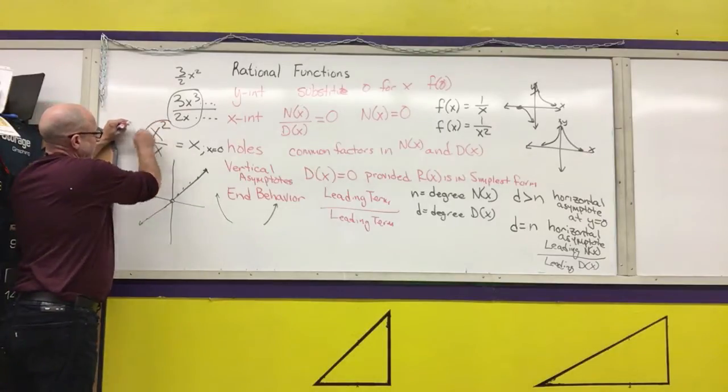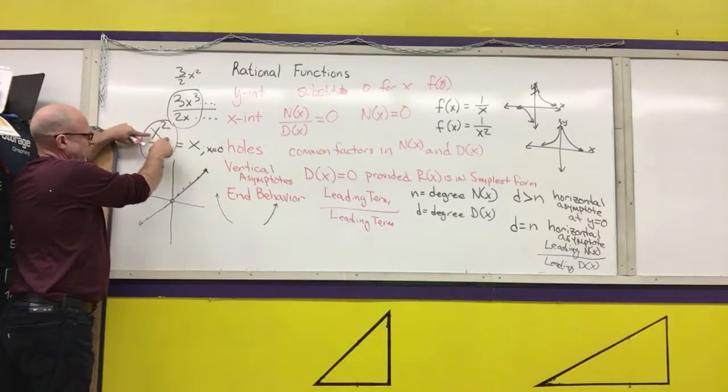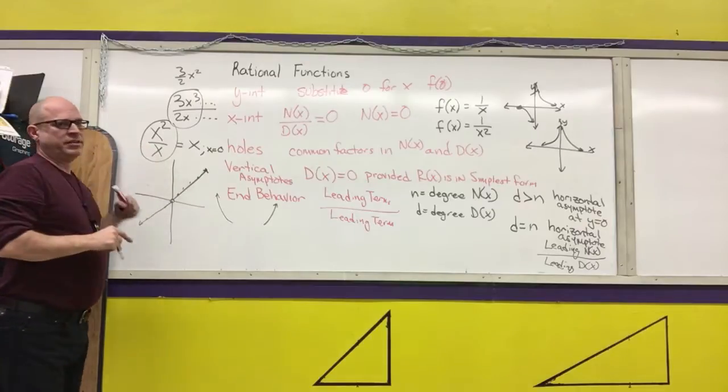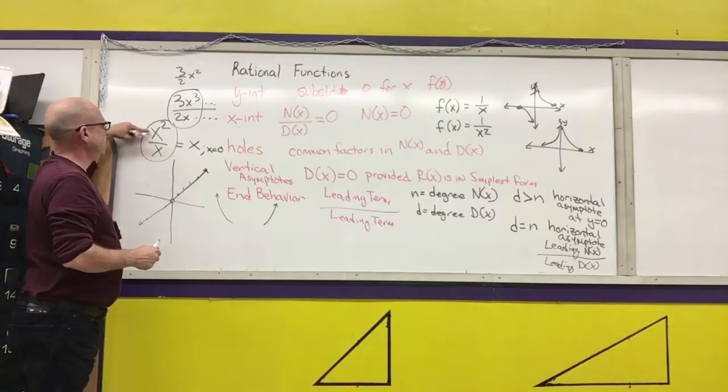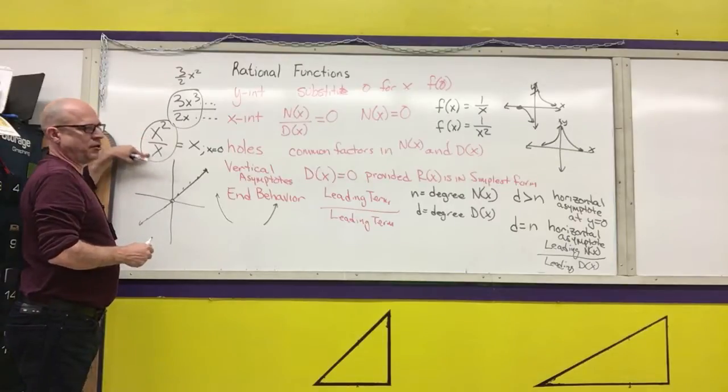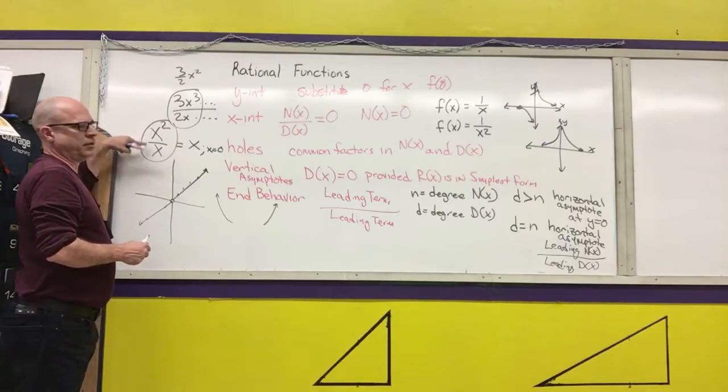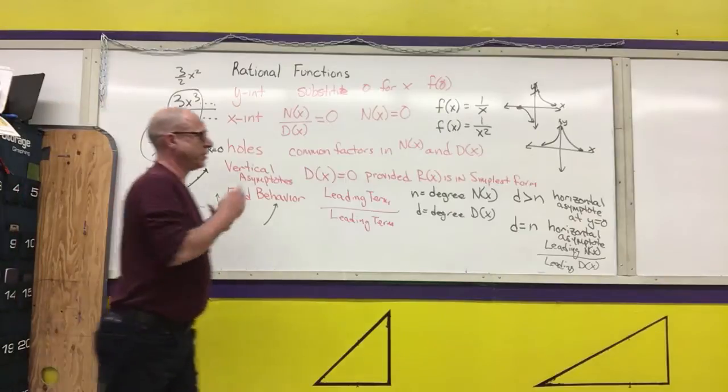The special case is when the degree of the numerator is exactly 1 above the denominator. You are going to end up with an oblique asymptote. And you find the equation for the oblique asymptote by doing the polynomial division of the numerator divided by the denominator.